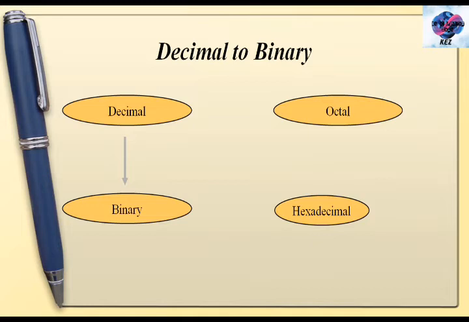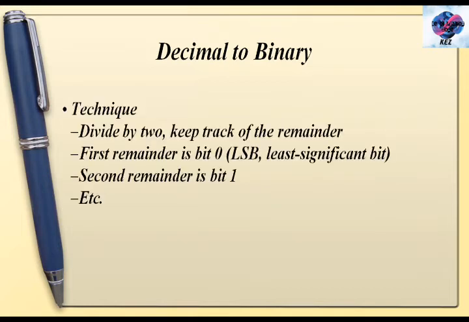See this example. Before the example, you have to read the technique. Here divide by 2. Why 2? Binary's base is 2. Track each remainder. If you find any remainder, you have to track it. If you do not find one, then make it 0.